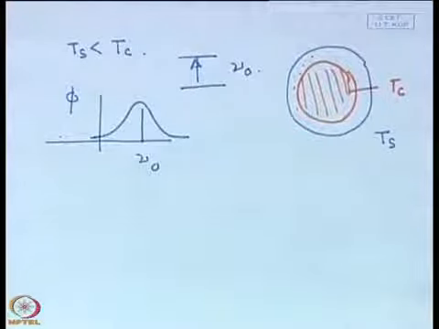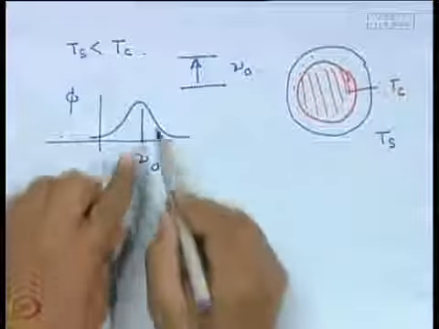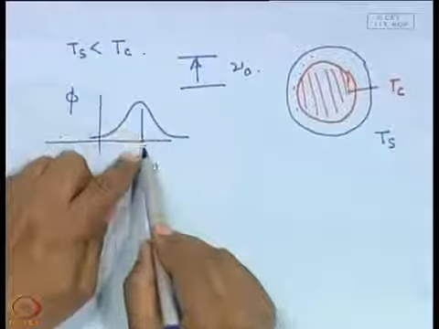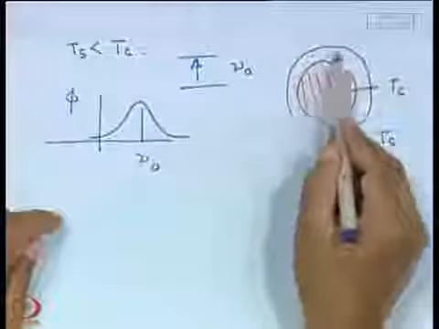Okay, so the absorption coefficient alpha is large when you are near nu naught, for this material outside.